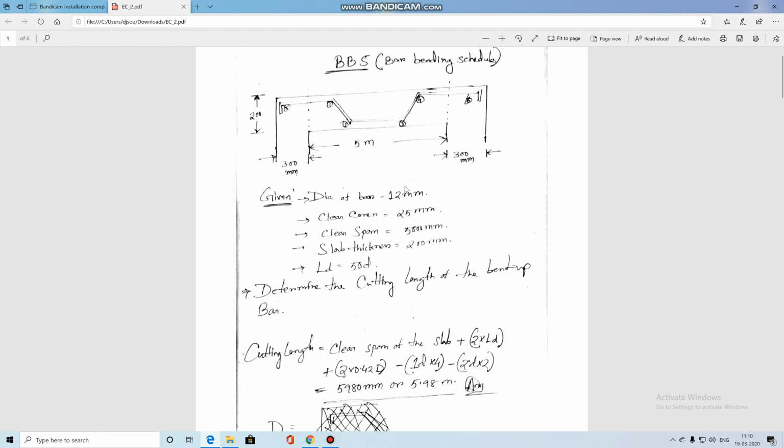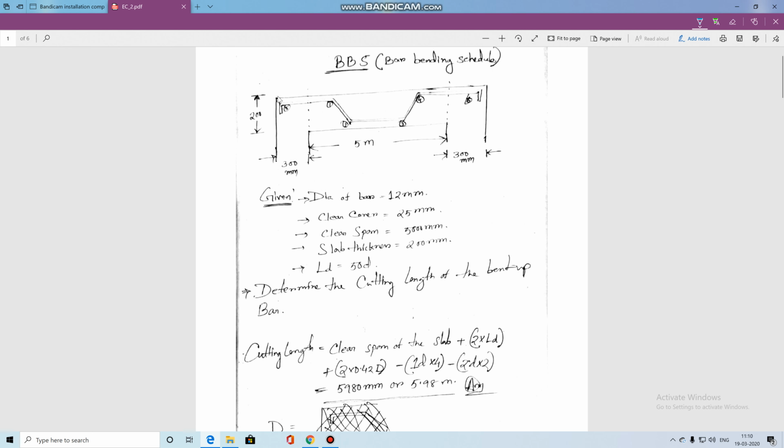So this is the BBS of a beam. This diagram shows the beam. First of all we need to know the detailing of this beam. Look at the numbering here: 1, 2, 3 and 4, and this is 5 and this is 6.